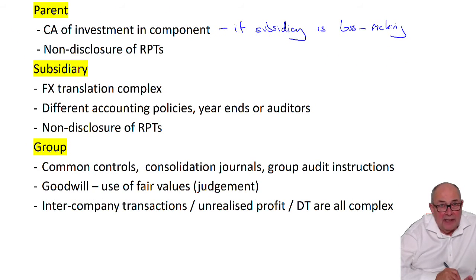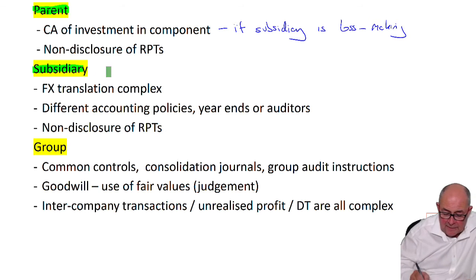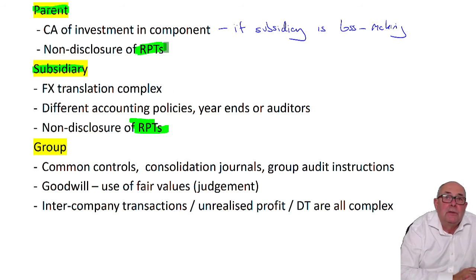On a slightly duller level, but it's still important, in both the parent and the subsidiary accounts, we do have to think about related party transactions. Remember, IAS 24 says that if a parent sells to a sub, then the parent will disclose it as a related party transaction.